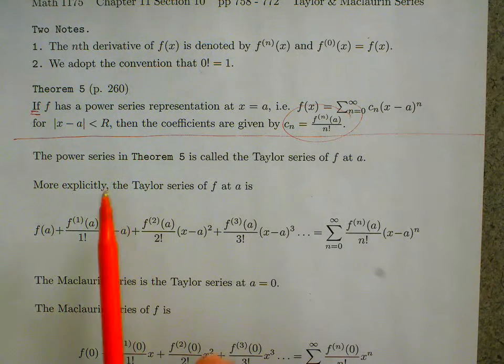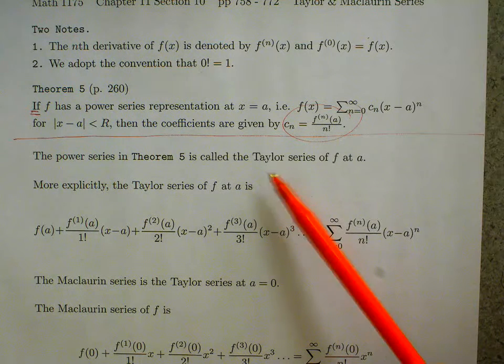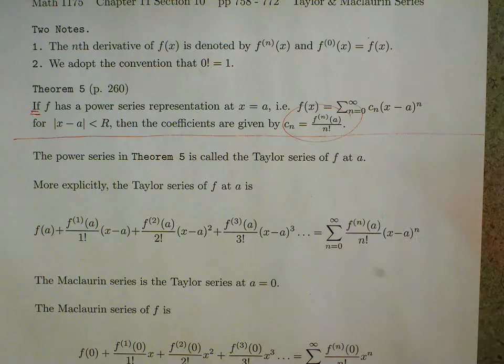Okay, the power series in Theorem 5 is called the Taylor series of f at a.